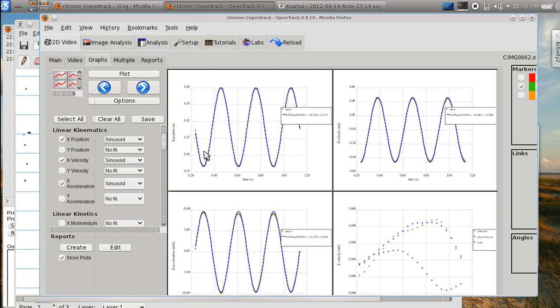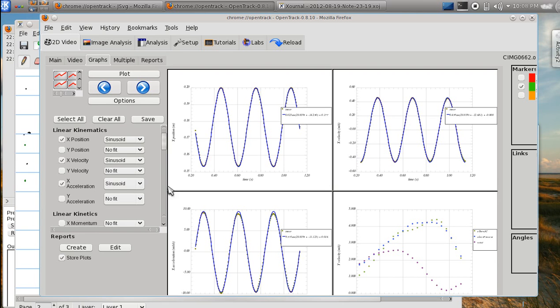Sine normally starts at that midpoint and goes upwards, so this one looks like a negative sine. This looks like a negative cosine, and this looks like a positive sine. We actually see that there is a clear relationship between the position, the velocity, and the acceleration in these kinds of harmonic motions.